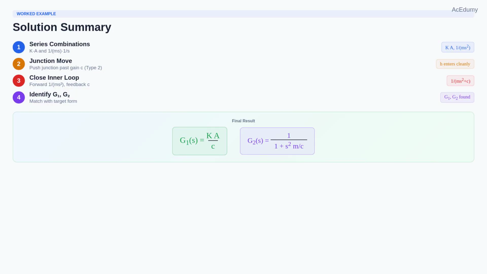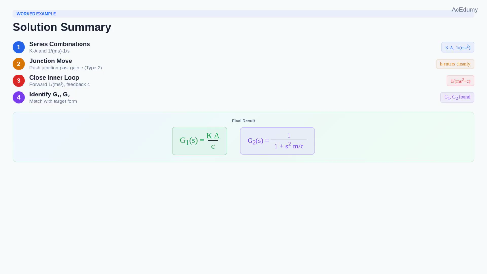We combined series blocks into KA and into 1 over ms squared. Step 2. We moved the input summing junction past the gain C using Summation Move Type 2. Step 3. We closed the inner feedback loop using the feedback rule. Step 4. We identified G1 and G2 from the resulting structure.